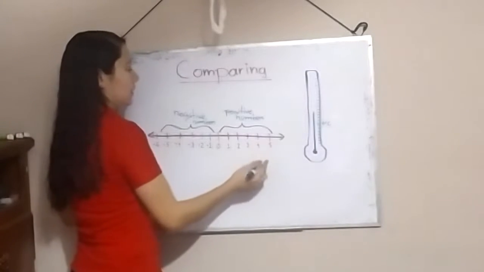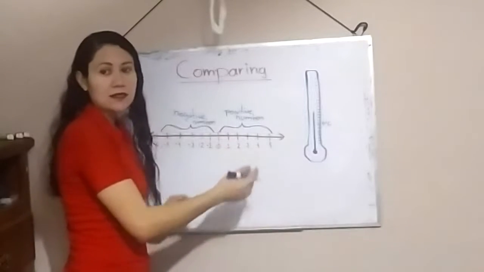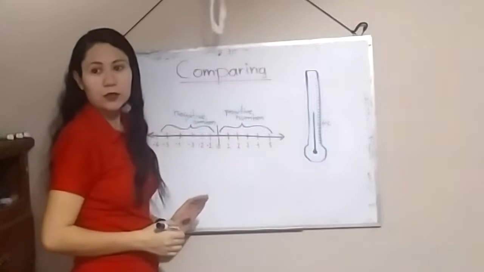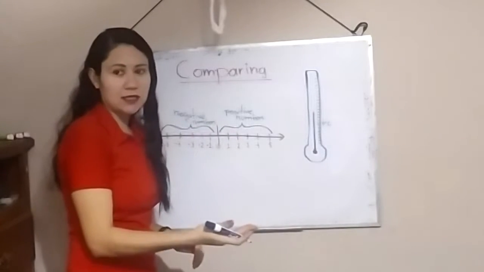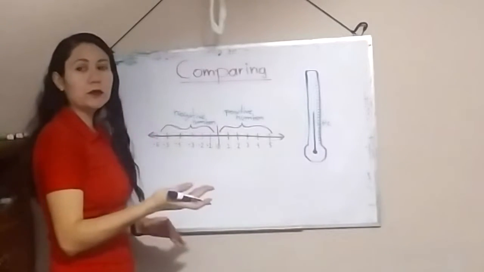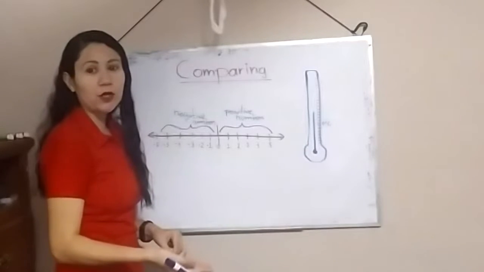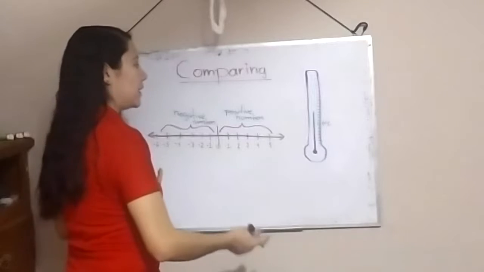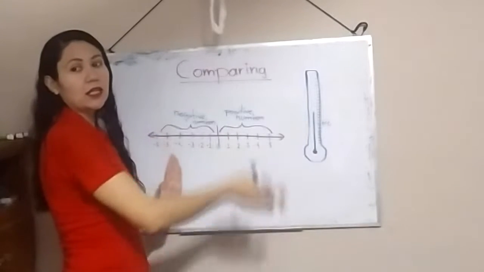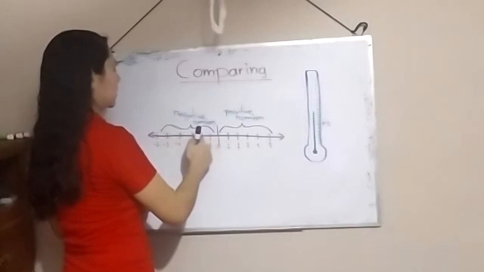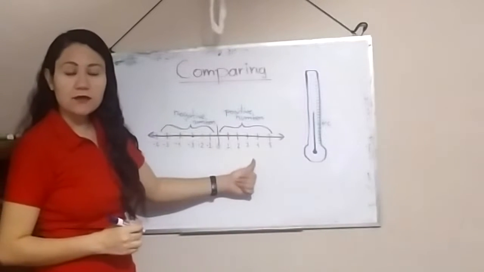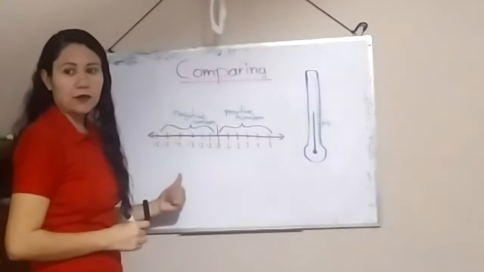So, how many places to the right of the zero is the number 3? 3 places. And what would be the opposite? It would be the number that is 3 places to the left of the zero, the same distance, but on the other side. 1, 2, 3. The opposite of positive 3 is negative 3.